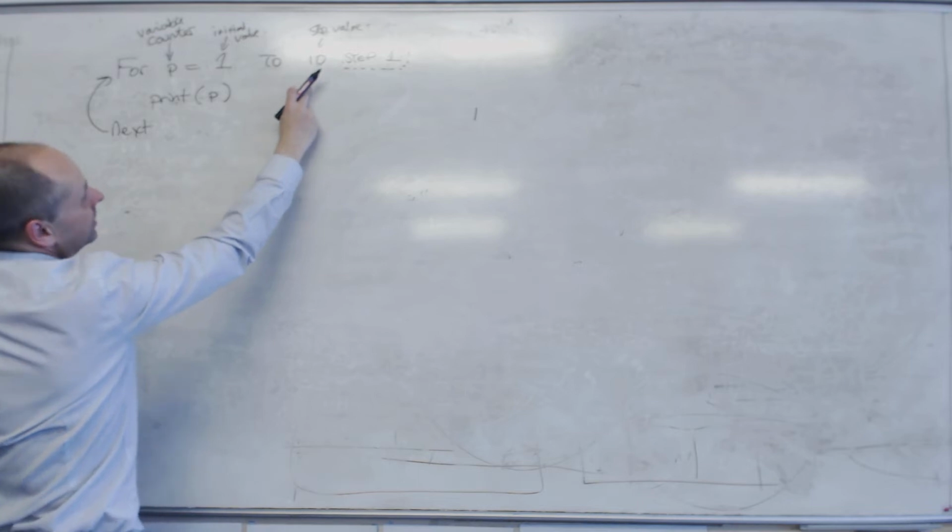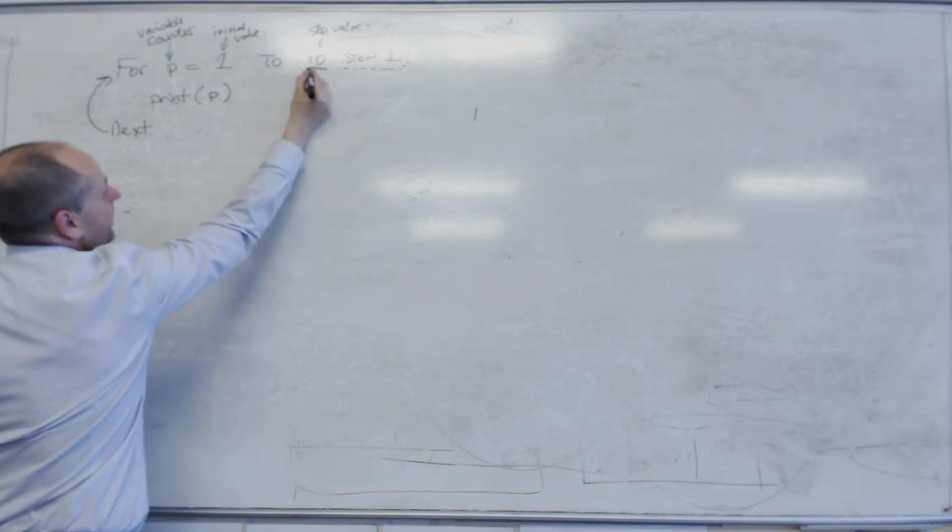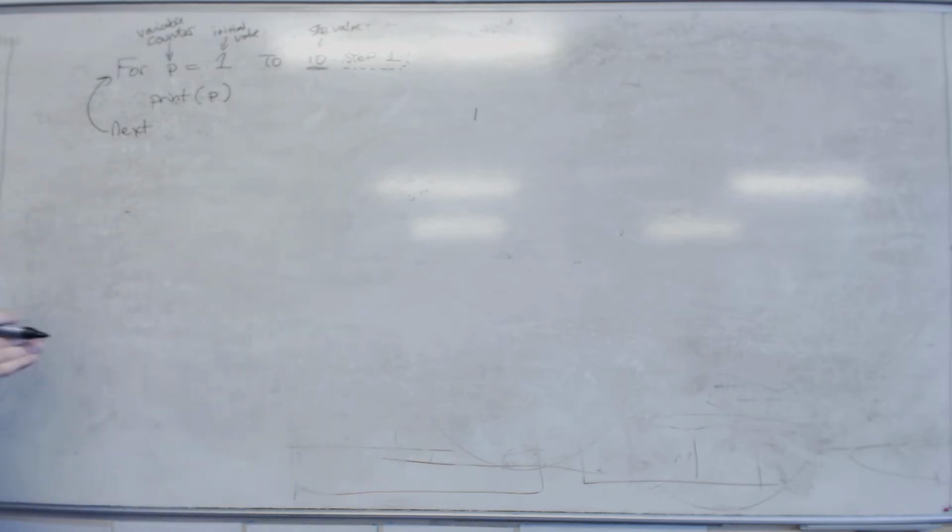We keep doing the loop by checking this value. Once we've gone beyond that value, so in this case, because we're going up in 1s, it'll be 11, then the loop ends and we carry on down here. Okay? So this will print out a sequence.